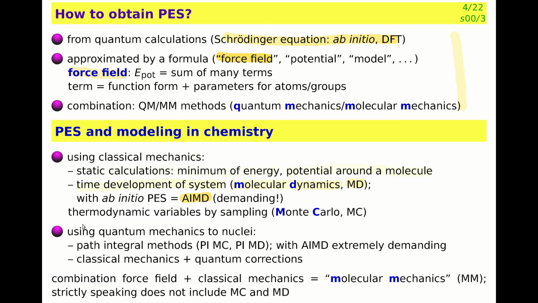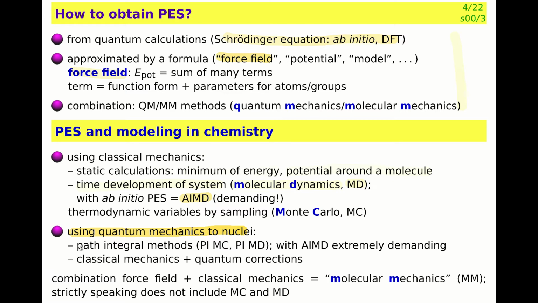But we know that our world is quantum, and especially for hydrogens, we often need to consider quantum delocalization of these hydrogens, simply nuclear quantum effects. Then we should use some tricks, some procedures how to include these quantum mechanical effects of nuclei in our simulation.